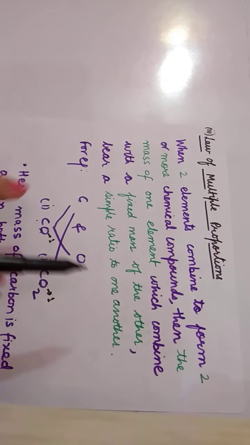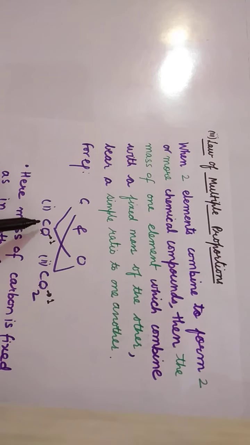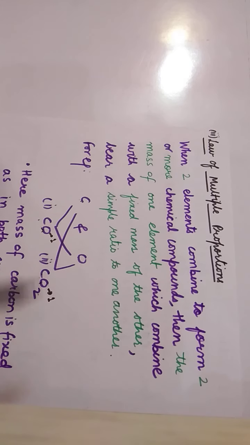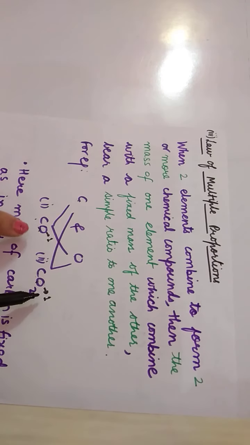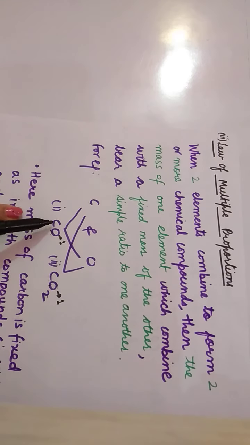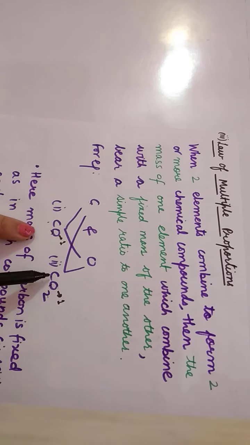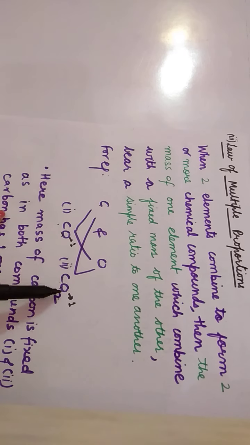Now we'll come to the definition. When two elements, carbon and oxygen, combine to form two or more chemical compounds, then the mass of one element, that is oxygen, which combines with a fixed mass of another element, that is carbon, bears a simple ratio to one another.